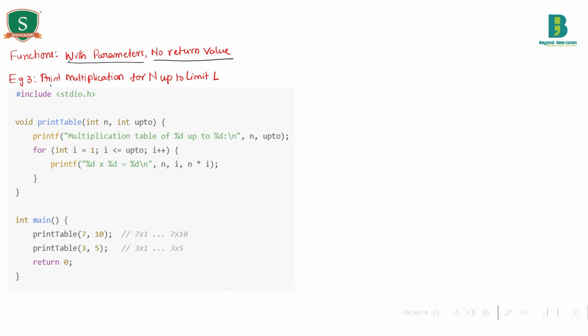Next, example 3. Now print multiplication of n up to limit l. That means, for example, if you give 3 comma 5 as input, it prints the 3 table from 3 into 1 to 3 into 5. If you give 3 comma 100 as input, 3 multiplied by 1 to 3 multiplied by 100.